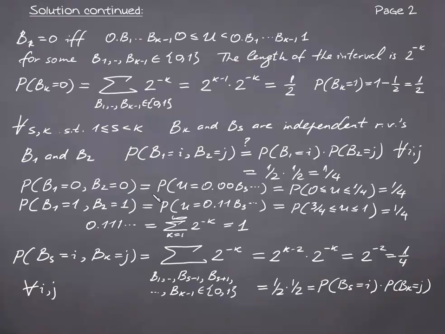Then, with a similar solution, we can prove that for every choice of 3 digits we have a similar equality.